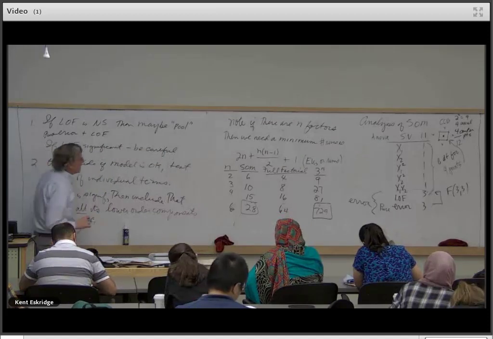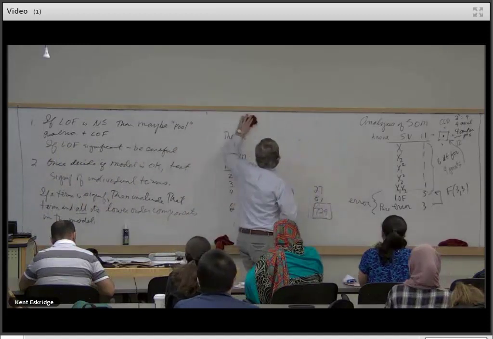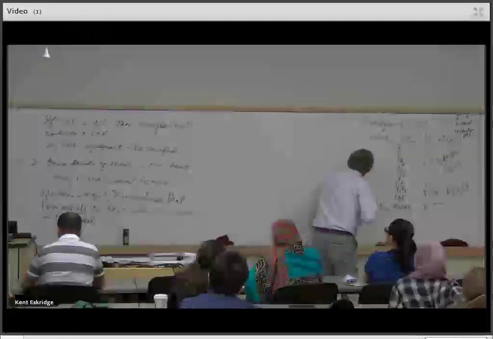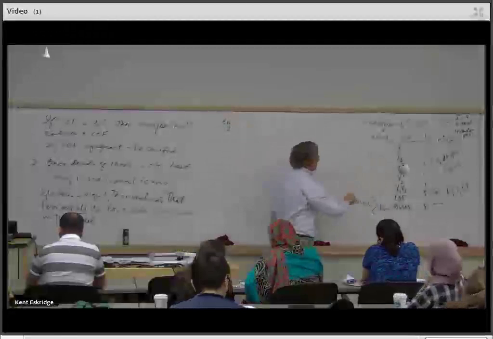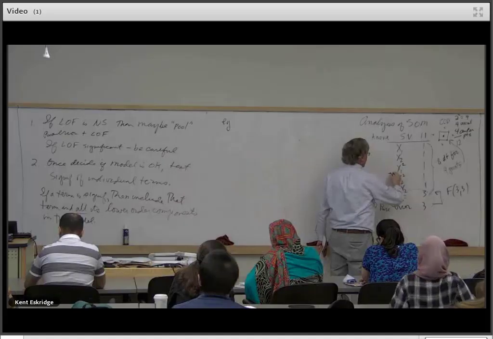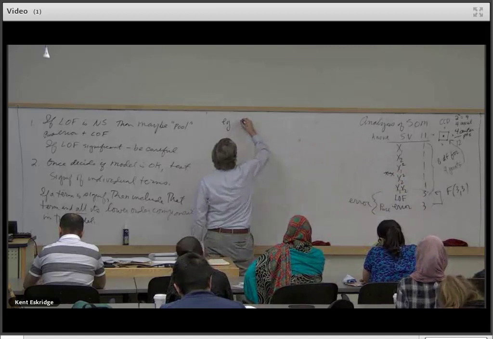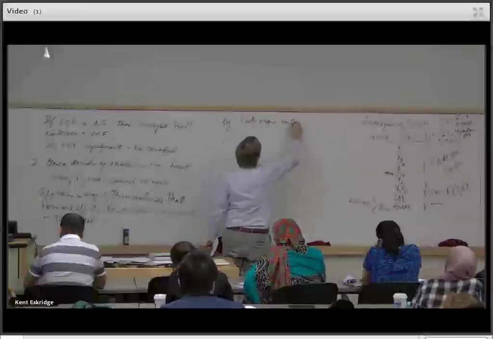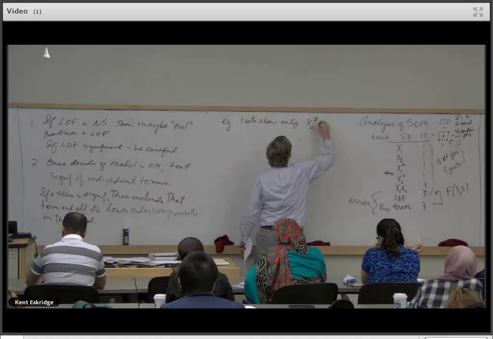So what I mean by that, for example: say you do the test of significance and you only find this one significant. Say tests show only x2 squared is significant.